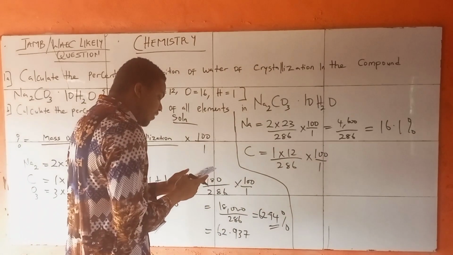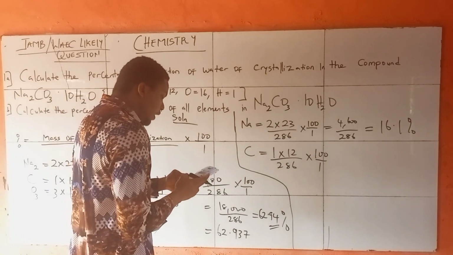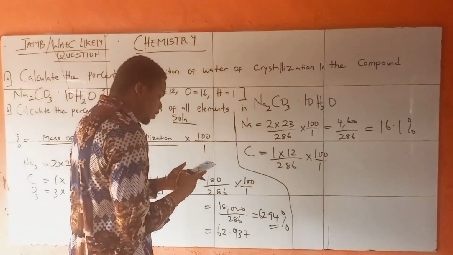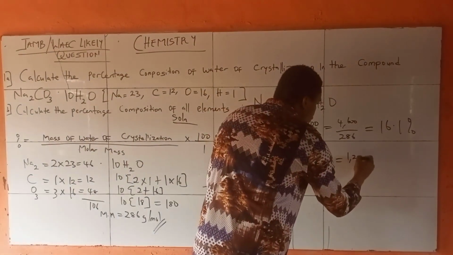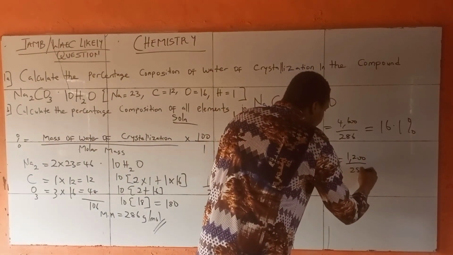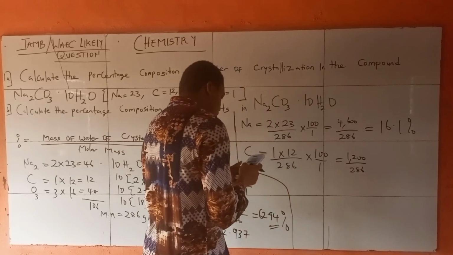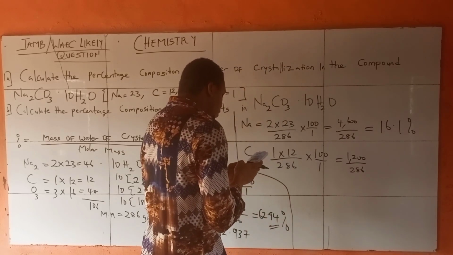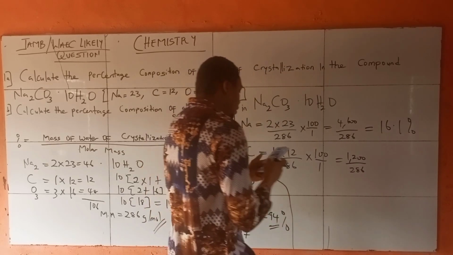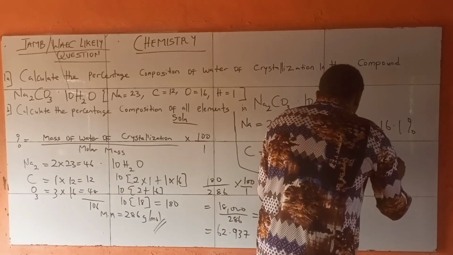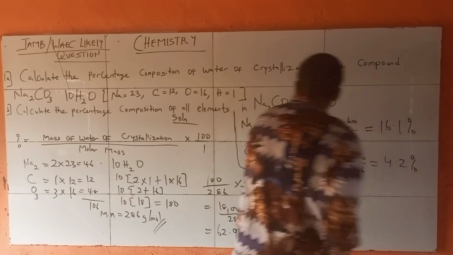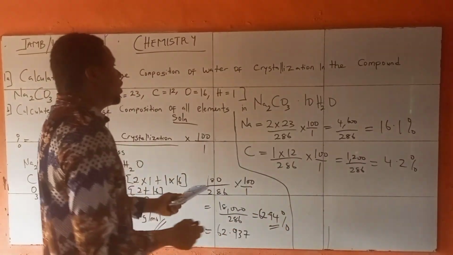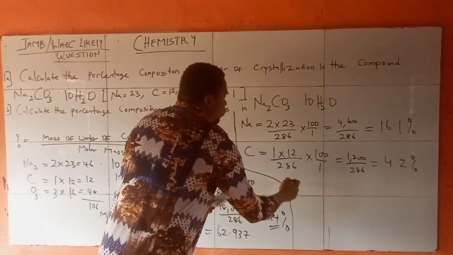That will be 12 times 100, which is 1,200. 1,200 divided by 286. This will give us 4.2%. 4.2% for carbon.